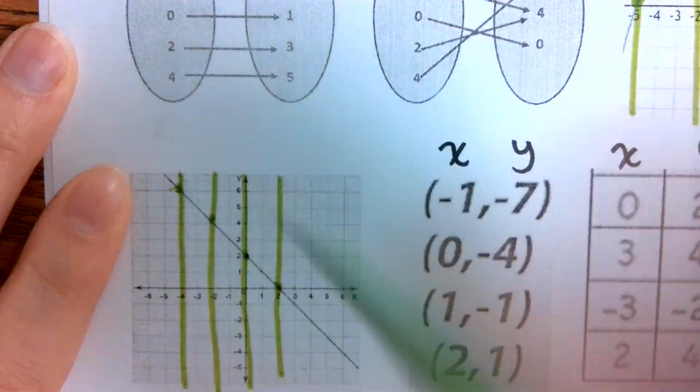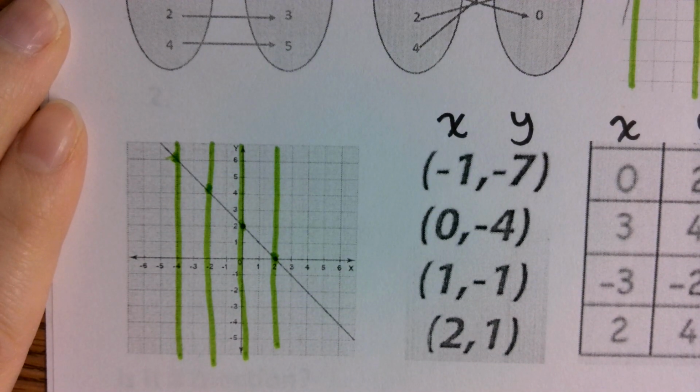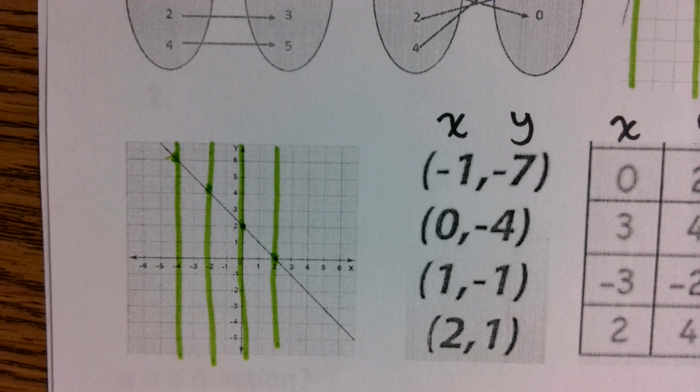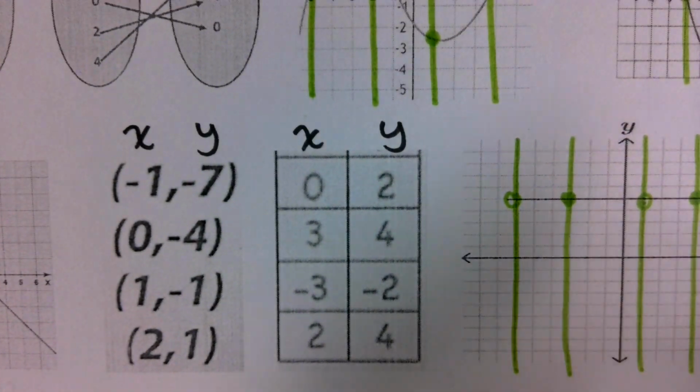Now, obviously, if my relation is a vertical line, is it going to pass the vertical line test? If it is a vertical line, it won't pass, right? Because if I draw a vertical line on top of that vertical line, it's going to pass it at every single point. So a vertical line is not a function, but a horizontal line is.